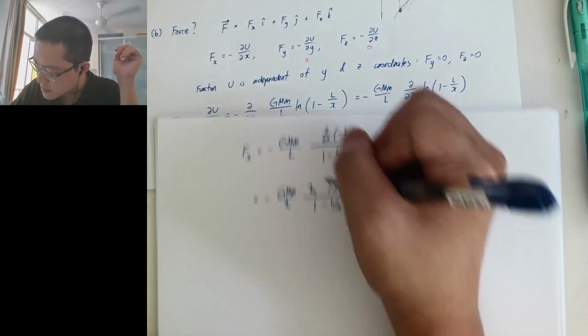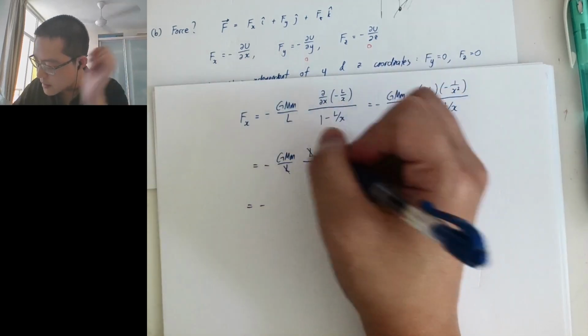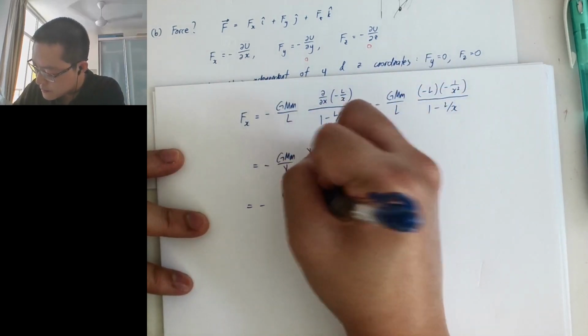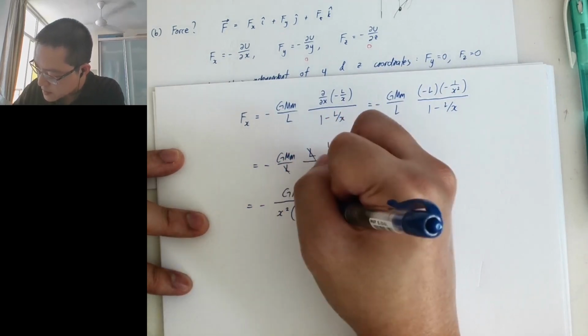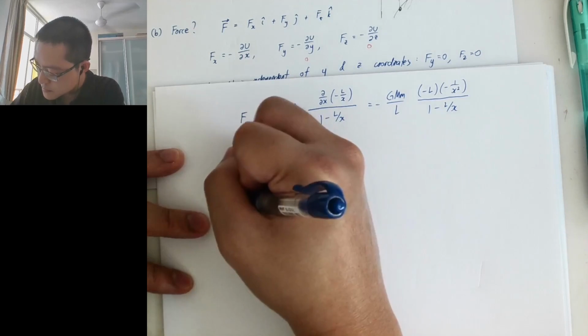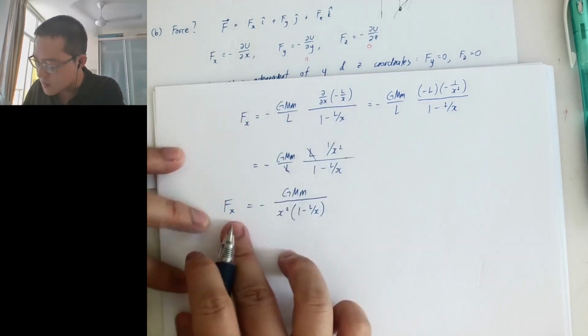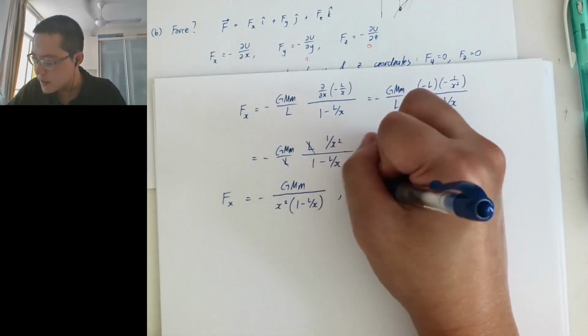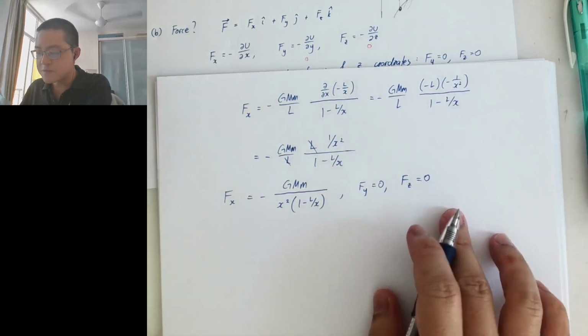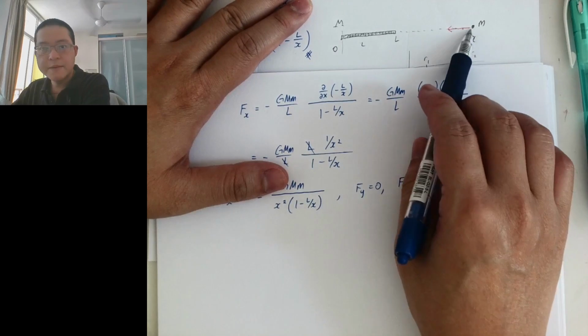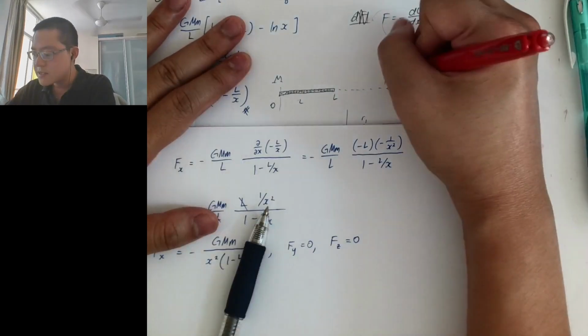So this L will cancel, and then I got GMm over x squared times 1 over 1 minus L over x. So this is the force along the x direction. So we got Fy equals 0, Fz equals 0, which is why the force experienced by M only has this direction.